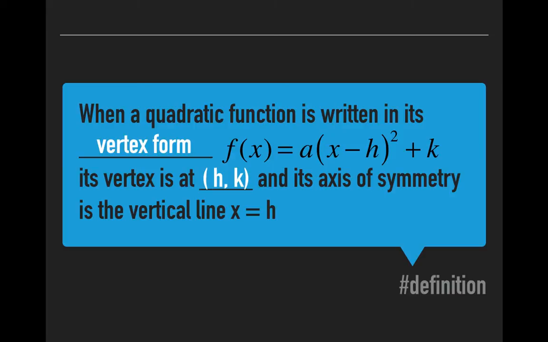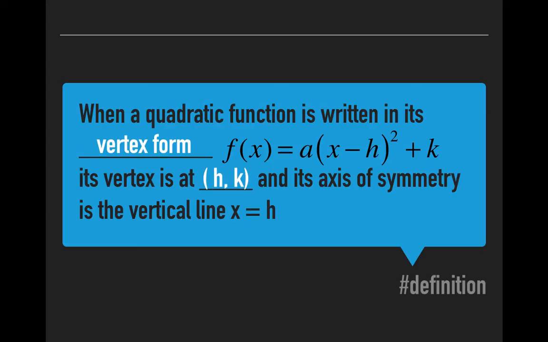Now I want to make something really, really clear here. Inside parentheses, what do we have? We have x minus h. But its vertex is going to be the opposite of what you see. Notice you're looking at this and it's a negative h, you could maybe think of it.